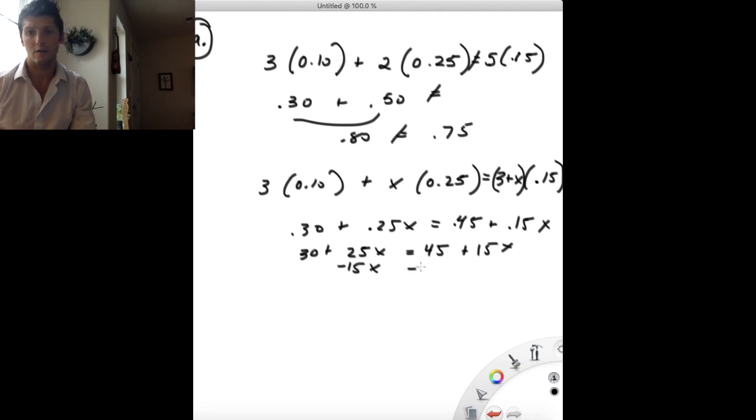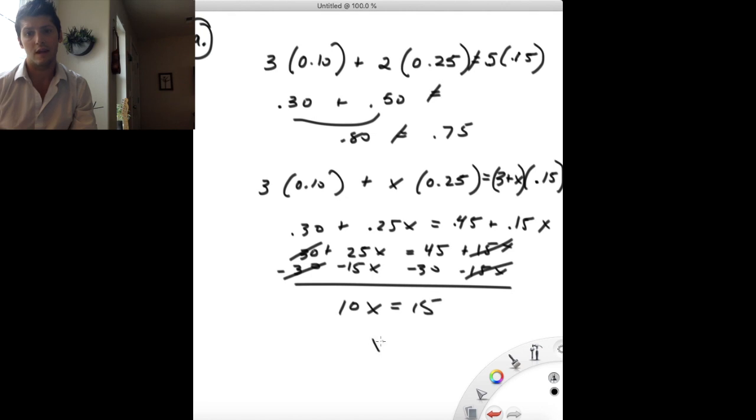Maybe subtract 30. So we've canceled this out and this out by subtracting. Let me be clear, I subtracted 15x and I subtracted 30. So what does that give me? 10x equals 15. X equals 1.5, which makes sense. 1.5 liters. If 2 liters was too big, but by not much, it's 1.5 liters. No calculator section, that's pretty likely to happen.